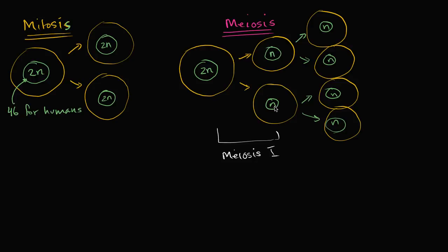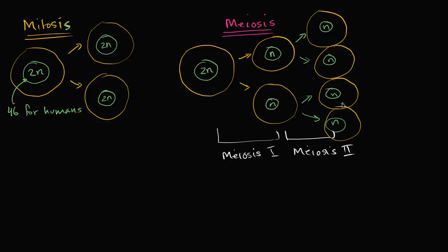They split randomly, but each homologous pair gets split up. And then this phase right over here is called meiosis 2. It's very similar to mitosis, except you're now dealing with cells that start off with the haploid number.